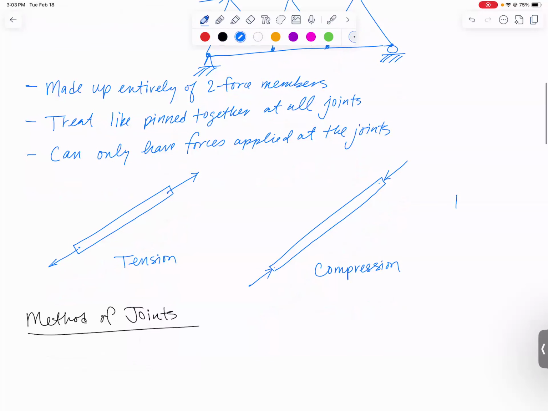So these are the forces that the pins apply to the members. That's really important. I'll show you why in just a second. Forces that the pins apply to the members. These are not the forces that the members apply to the pins. They're the forces that the pins that we're not drawing apply to the members that we are drawing.